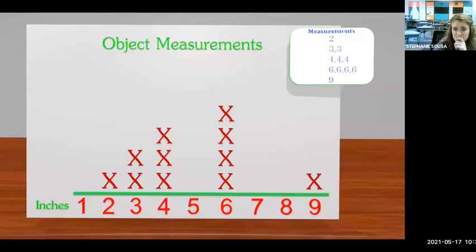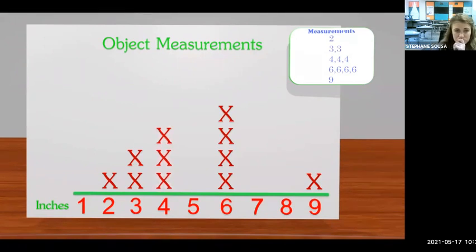This is awesome, guys! We just made a line plot that shows the measurements of the objects that I had. When we see a mark above a number, it tells us how many times that number occurs. For example, we can see that above the 4 we see 3 X's, which means there were 3 objects that measured 4 inches long.